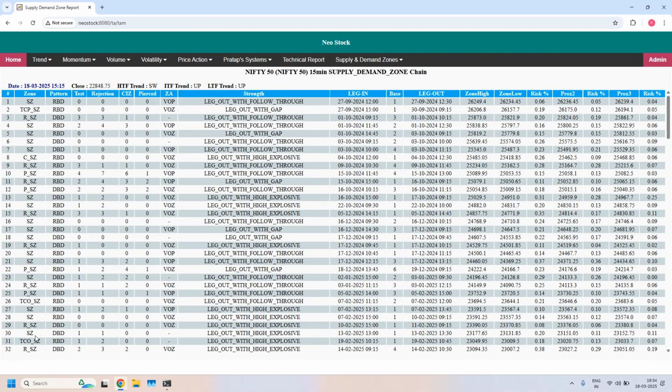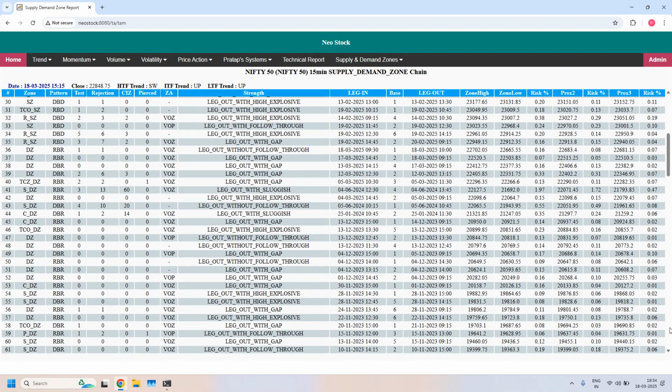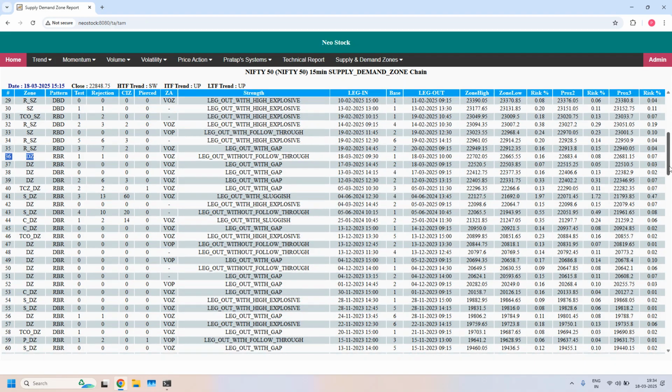All are supply zones. I'm scrolling the list down. 36th is the nearest demand zone to the current closing price. So let me adjust in the middle.